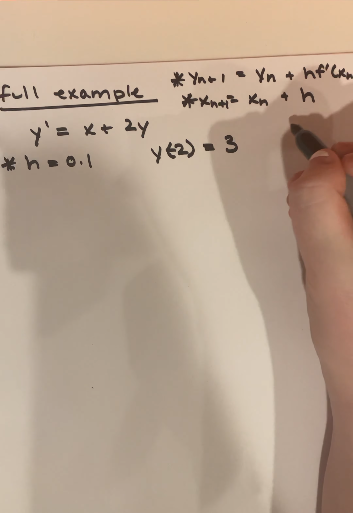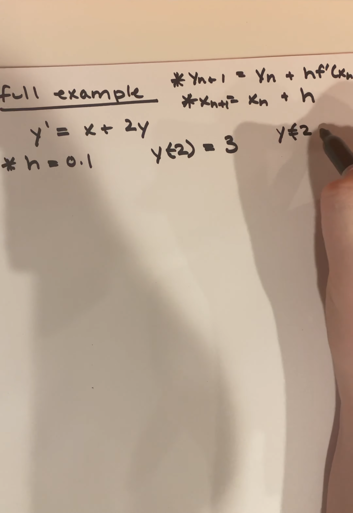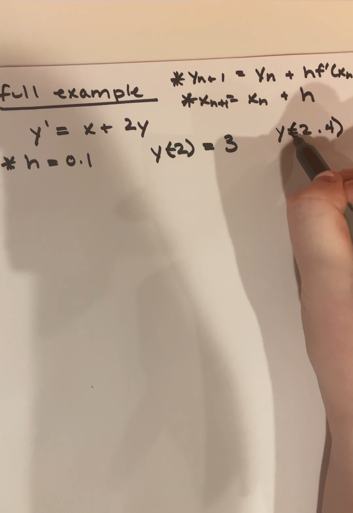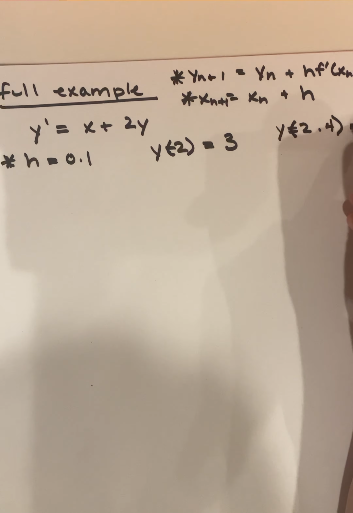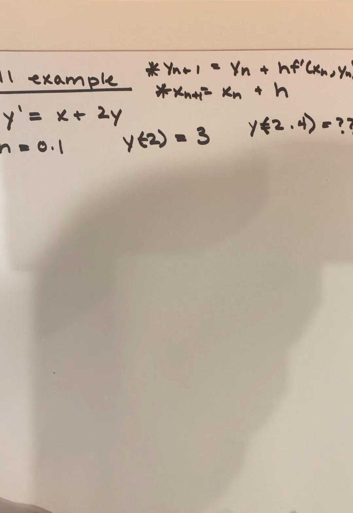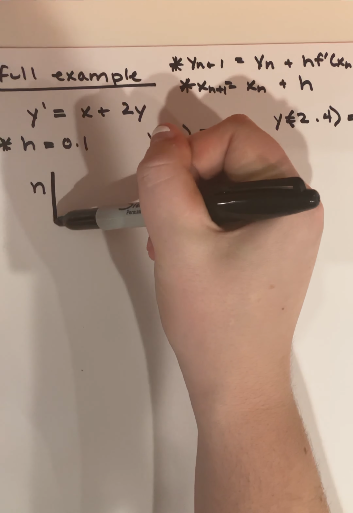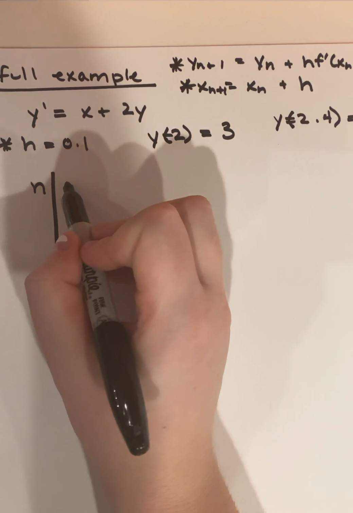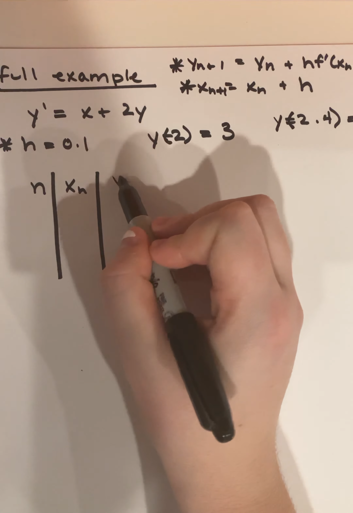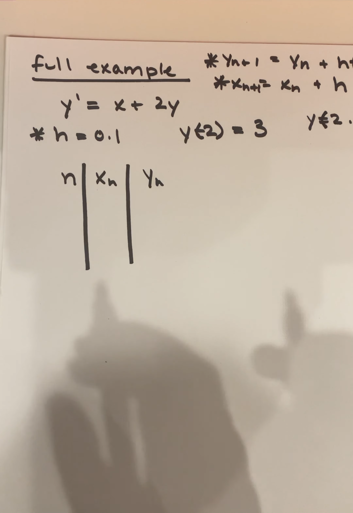And we want to find y of 2.4. So what is y of 2.4? Well, that's where Euler's method comes in. So we are going to make our table, not our graph. And we do not need to find the actual answer, because that is not what we're finding.